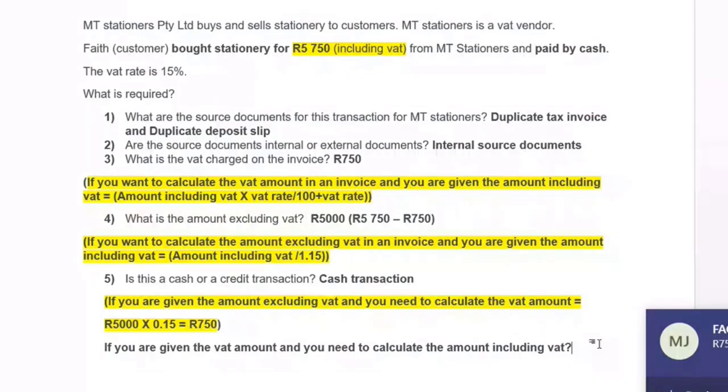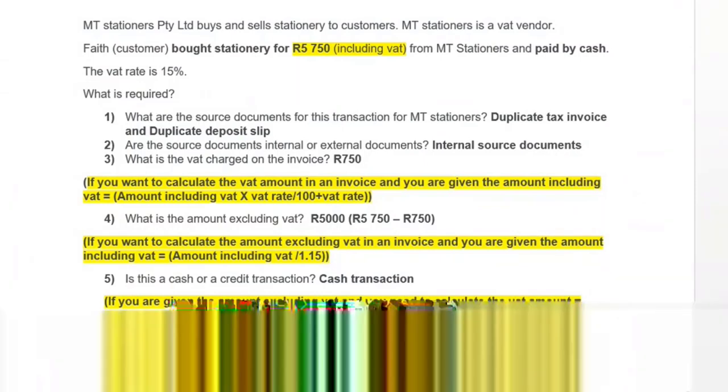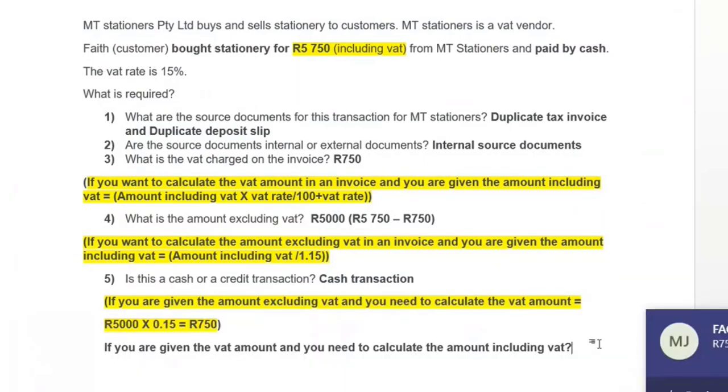So you say 750 times 1.15. Let's just calculate. 750 times 1.15. I don't get to 5,750.